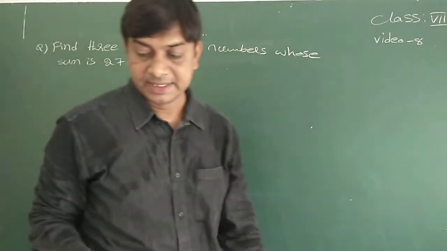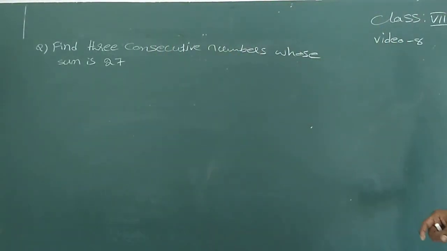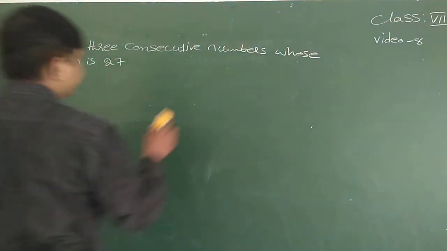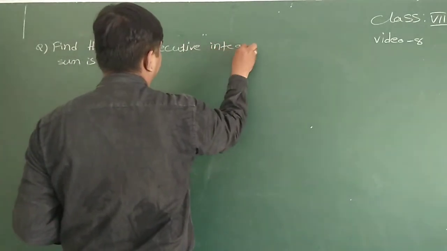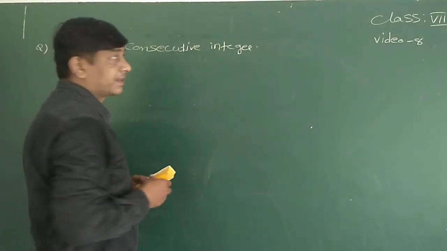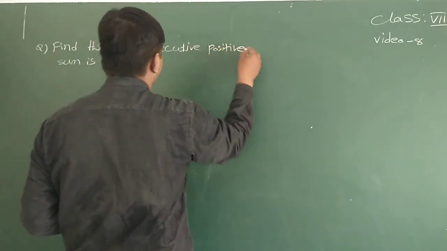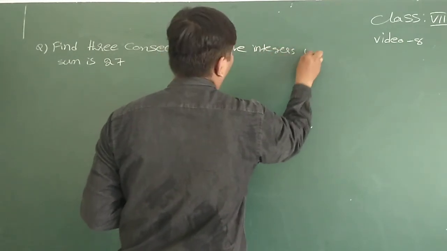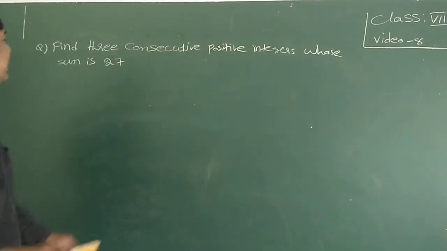Find three consecutive positive integers whose sum is 27. Positive integers again, because the result is positive here. Okay, consecutive positive integers. I am making some changes.